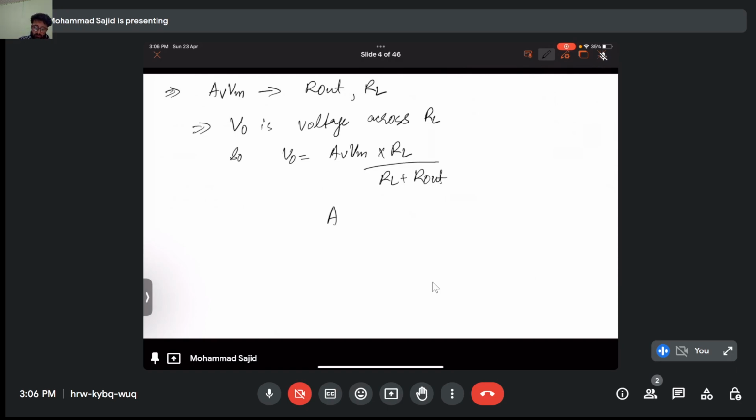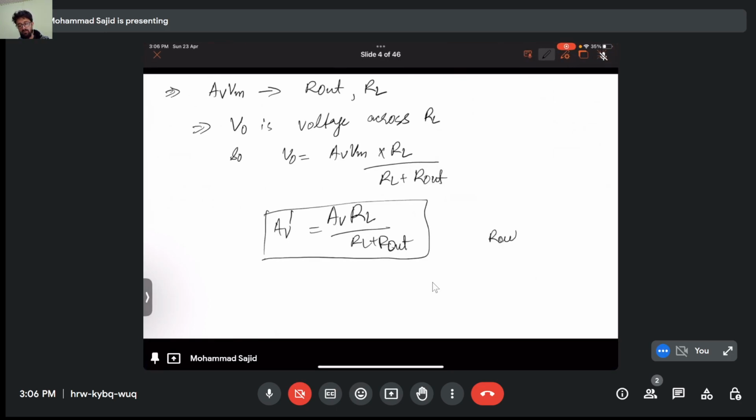We can call this AV RL divided by RL plus R out as AV dash, right? If R out is 0, that is for the ideal voltage amplifier, then AV dash will be equivalent to AV.